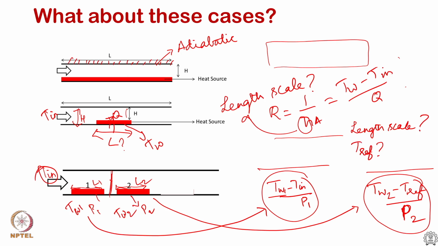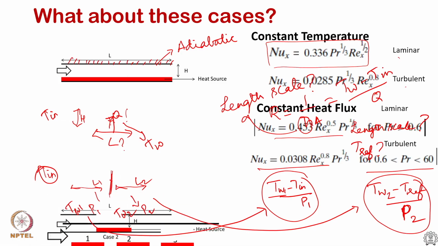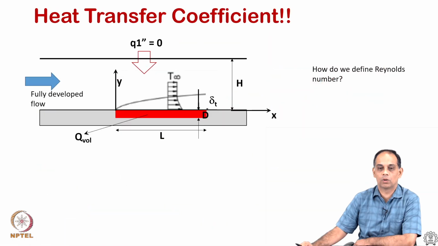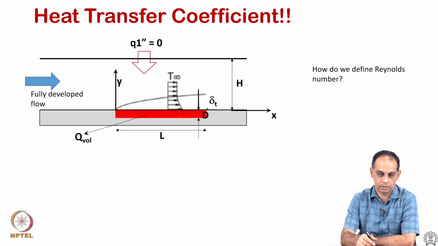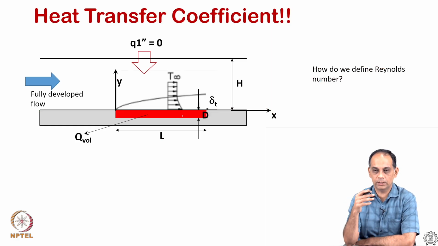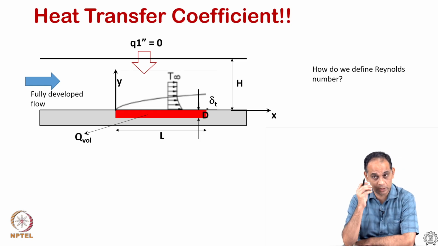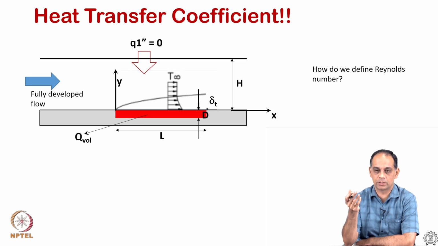Because resistance networks are very powerful, because you can deal with n number of sources and connect them, from a single heat source or multiple heat sources, to a single ambient. So, these are the typical situations that we encounter, and as we can see now, there is a boundary layer, there is heat generation happening in this case. How do I define? All these situations ask the same question: how to define what the Reynolds number is, what the length scale is, what the temperature reference is.